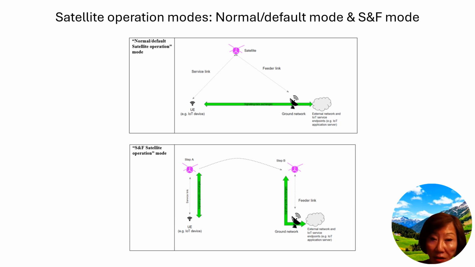So the satellite now sees the ground network. The previously stored data is then forwarded to the ground network because it can do so now. This is shown by the downward green arrow from the second satellite position to the ground network. The data is then passed on to the external network IoT service endpoints to be processed.